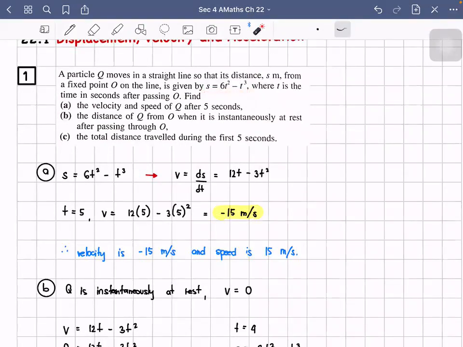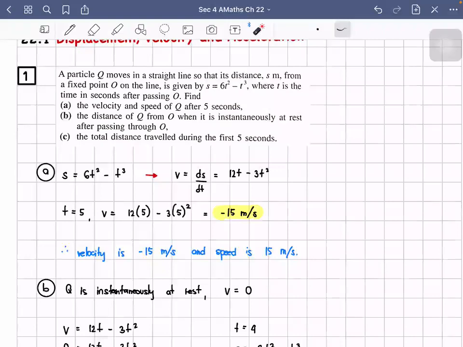That's the function of displacement, where t is the time in seconds after passing O. Find A, the velocity and speed of Q after 5 seconds. B, the distance of Q from O when it's instantaneously at rest. And C, the total distance traveled during the first 5 seconds.